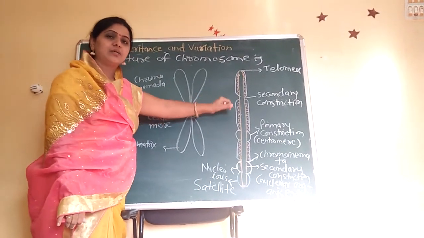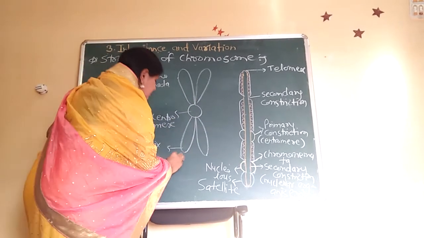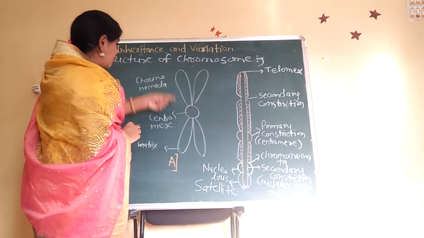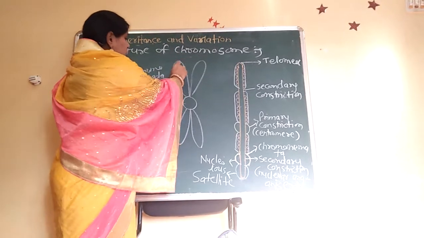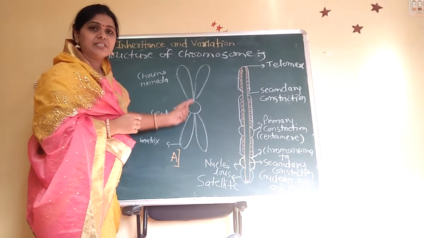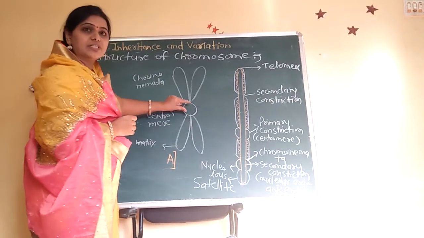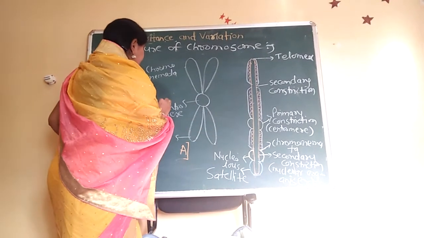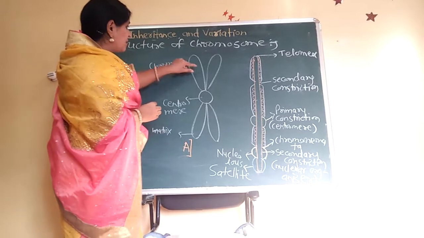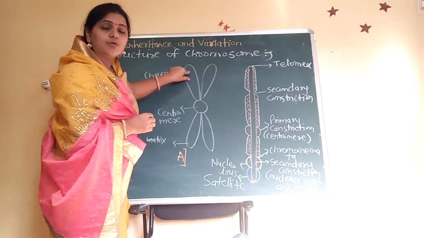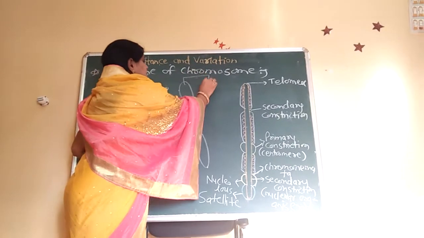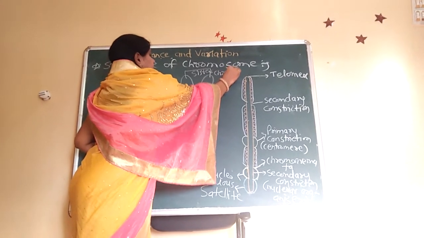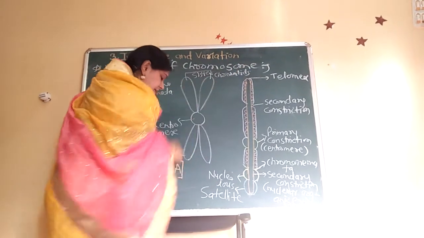We see the structure in two diagrams of the chromosome. The first, diagram A, shows the parts of the chromosome, the condensed metaphasic chromosome. The center spherical part is called the centromere. These two parts are called chromatids, or sister chromatids.